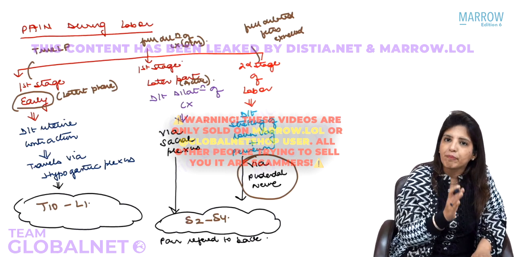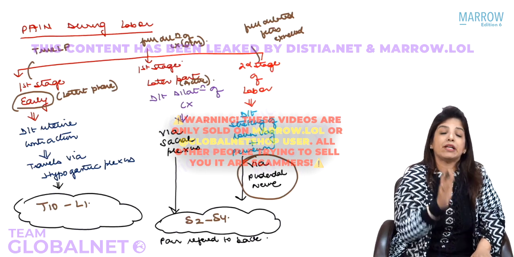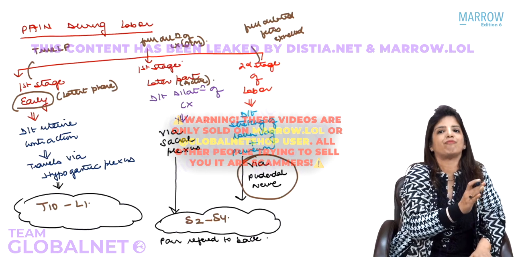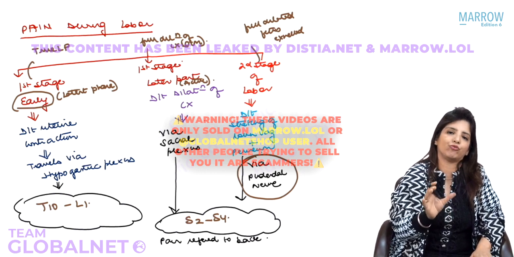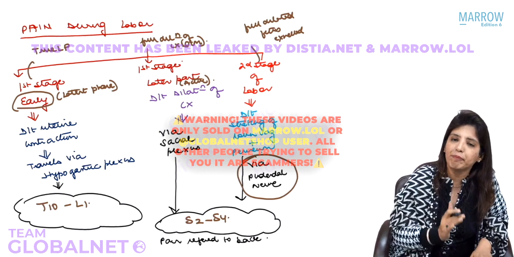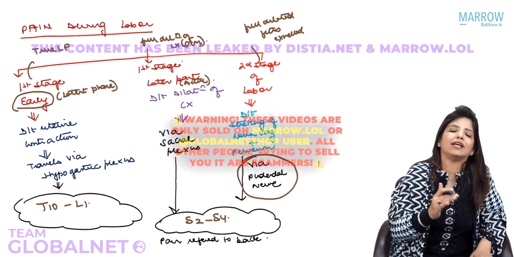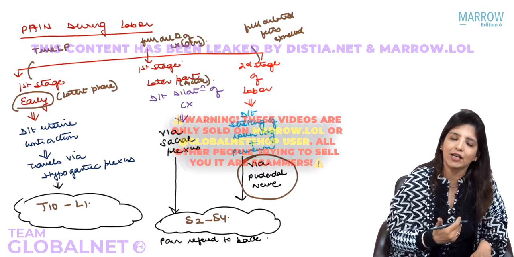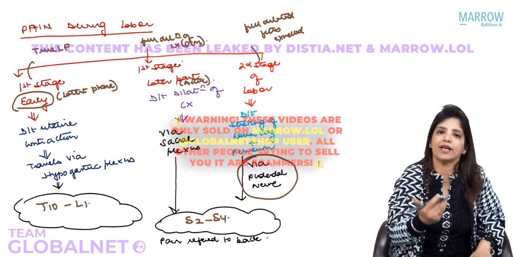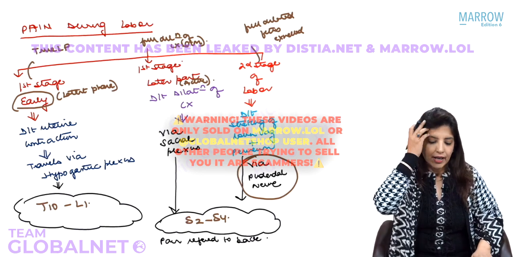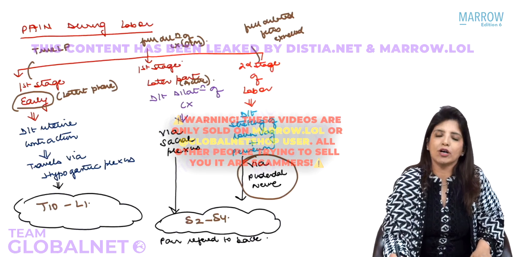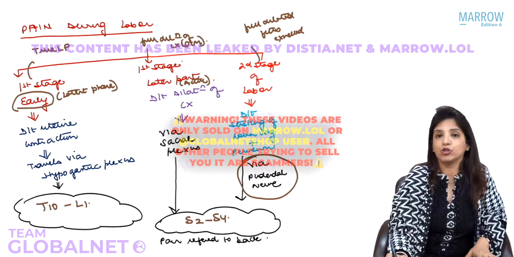So whenever a patient has true labor pains, she will always have backache because they are being mediated by S2 to S4 segments. So the referred pain of true labor goes to the back because segments S2 to S4 are getting involved. Clear? Okay. So now let's talk about pain relief during labor.